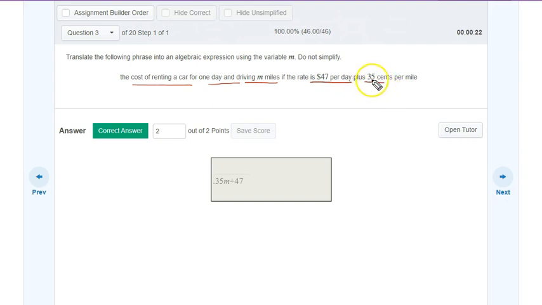Well, let's do the miles first. So this will be 35 cents. That's critical. Number of miles plus the cost of renting the car each day. Now this is in dollars. And that's what we have.